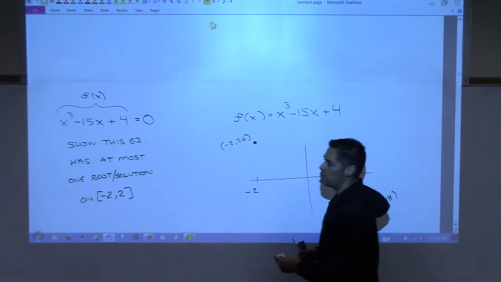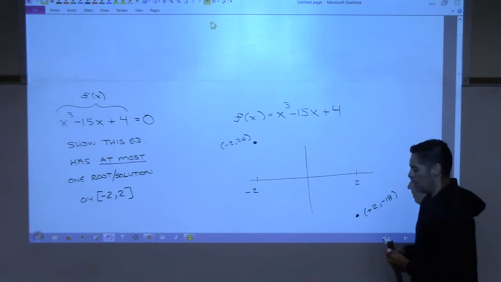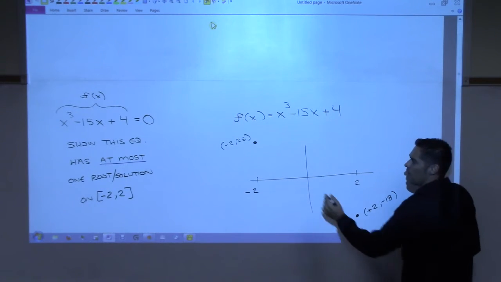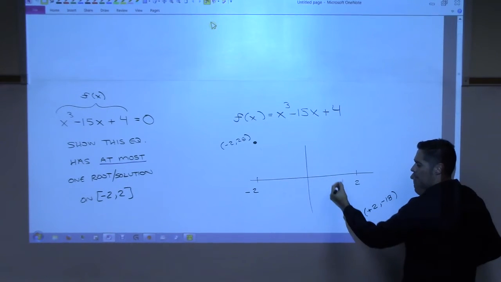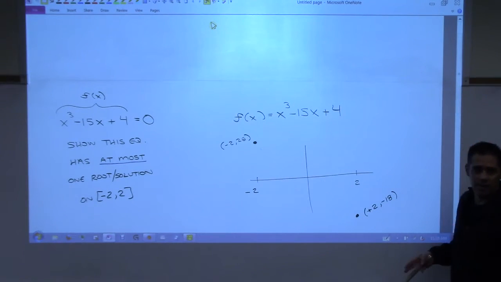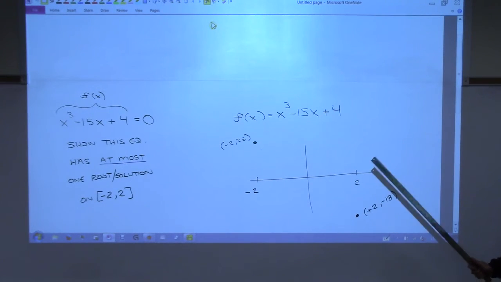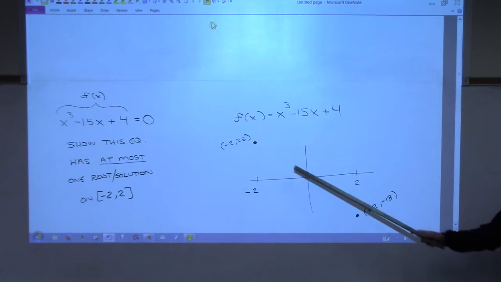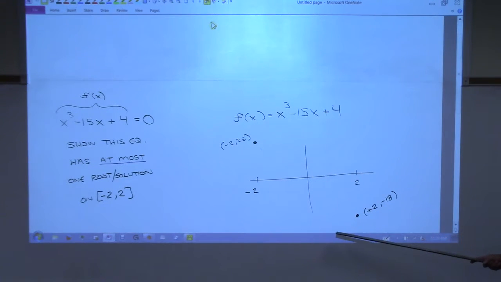The key word in this problem is this: at most 1. Because what tells you that this thing doesn't come down, cross through, come back up, come back down? It could do that in here, couldn't it? How am I possibly going to show that this thing can only cross through here one time?